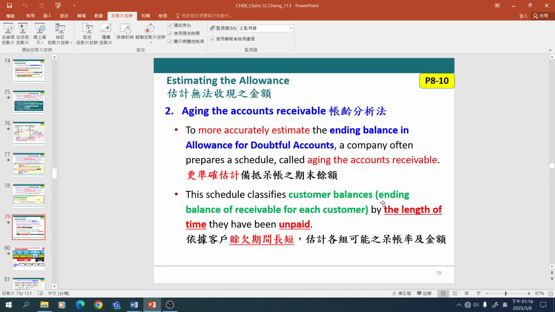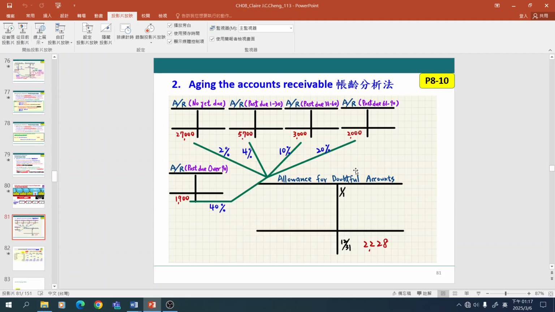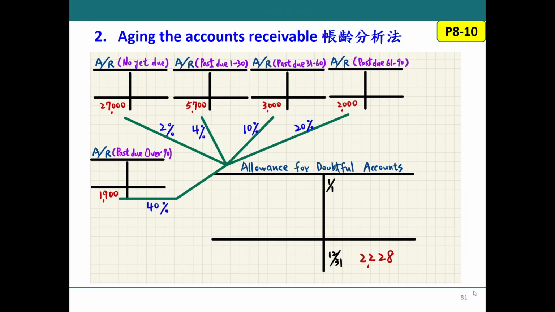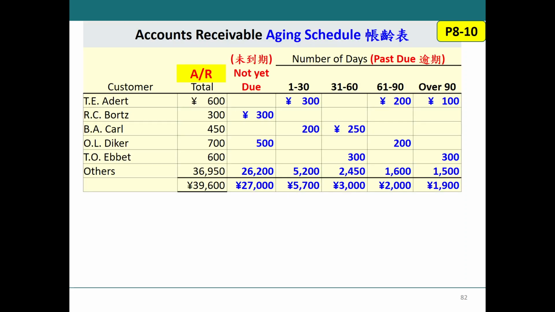So you can double check your note on page 25. On page 25 of your note, there's a question we practiced. Okay? Remember what we are going to do. Based on different ages, we give different percentages, right?